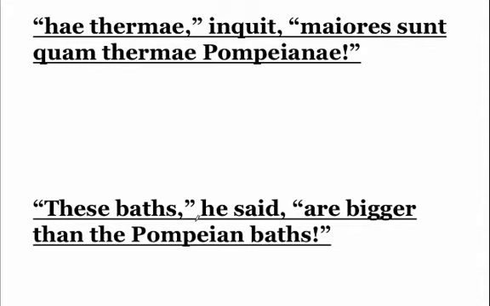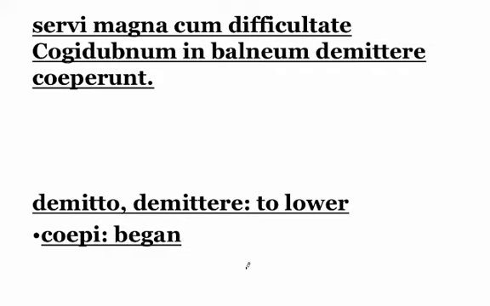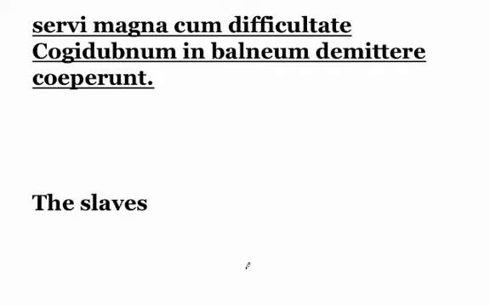Servi magna cum difficultate Cogidubnum in balneum demittere coeperunt. Think it through for a moment. The slaves. Now, what did the slaves do? I hope by now you're very accustomed, after you think you have your subject, nominative plural, servi, to run to the end of the sentence very frequently to go find your actual main verb.